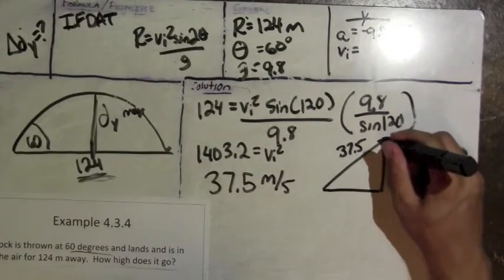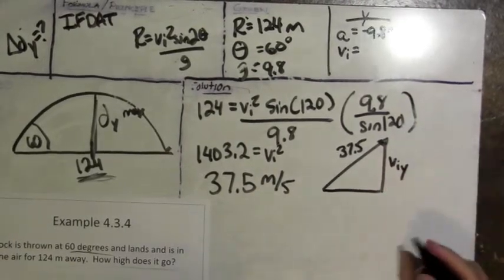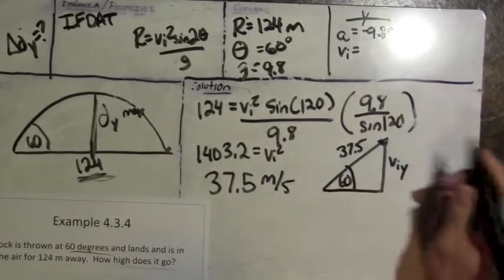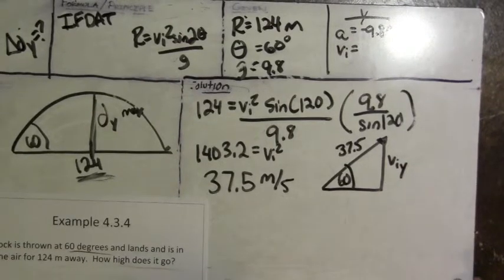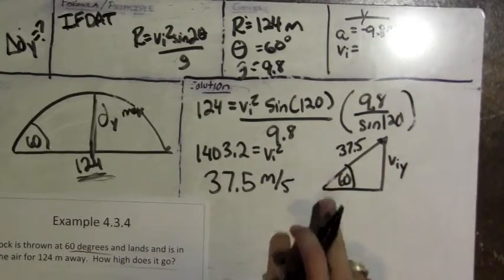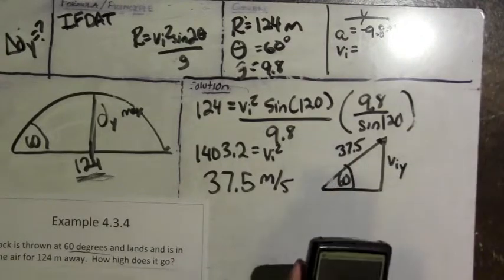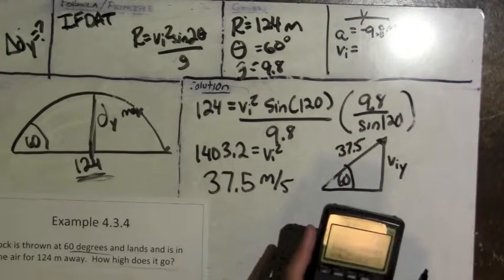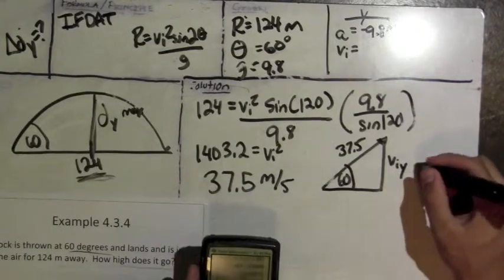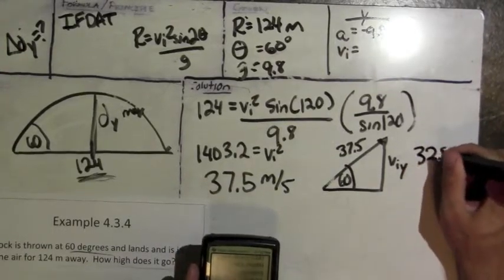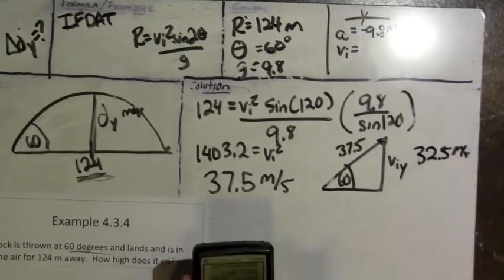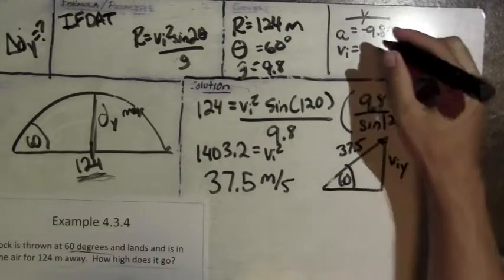You can figure out what the initial velocity in the y direction is by doing the sine of the angle. So 37.5 times the sine of 60 gives you 32.5 meters per second. That's going to be your velocity in the y direction.